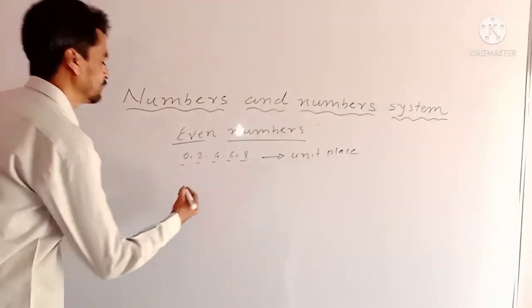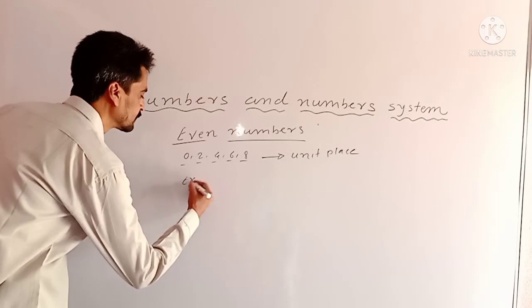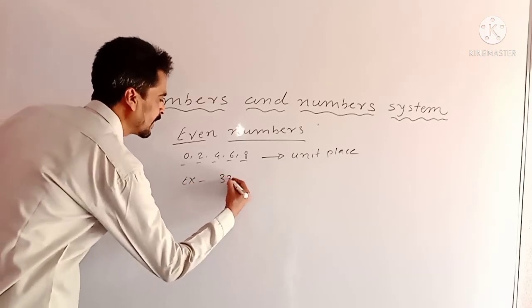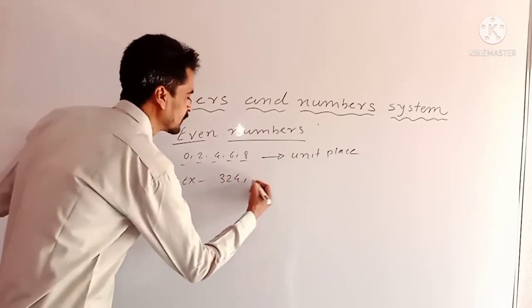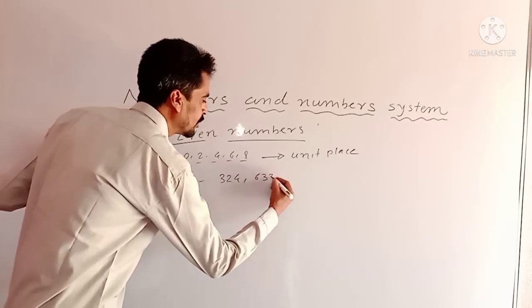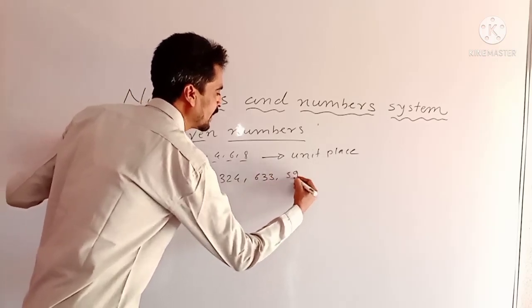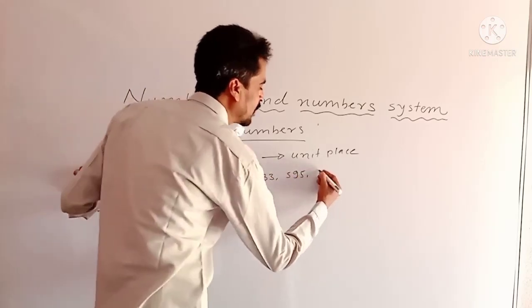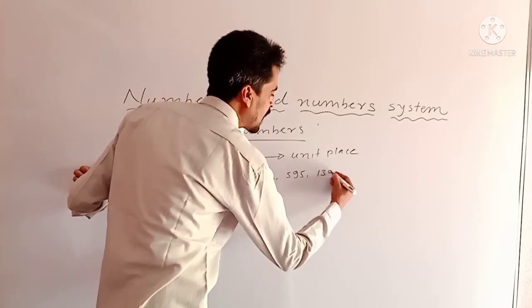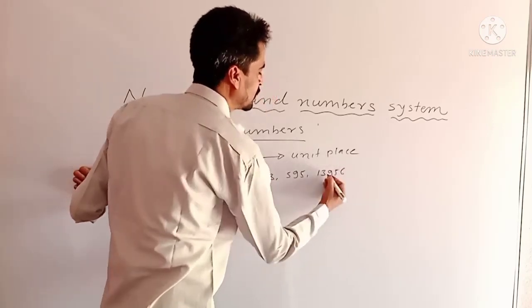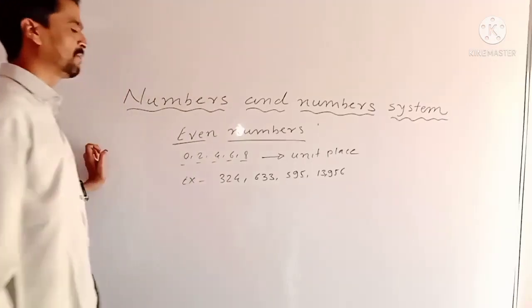For example, we have 324, 633, 595 and 13956, that is, 13,956.